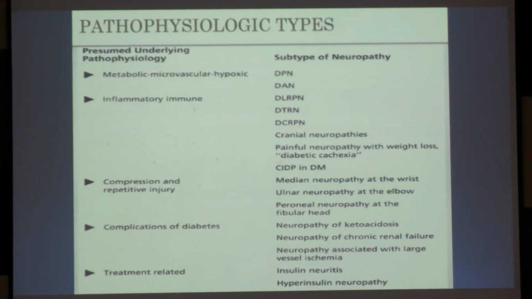And lastly, complications of diabetes mellitus: neuropathy related to the complications of diabetic ketoacidosis, neuropathy related to the complications of diabetic nephropathy, or neuropathy related to large vessel disease, and lastly the treatment related insulin neuritis or hyperinsulin neuropathy.